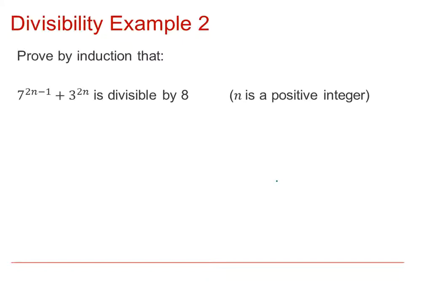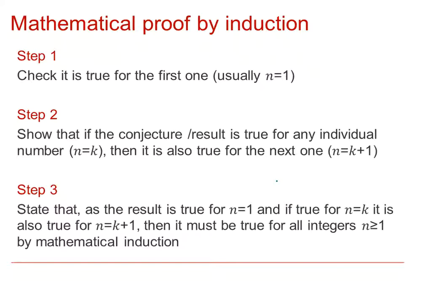Slightly more complicated problem here, where we're going to need proof by induction. So is 7 to the power 2n minus 1 plus 3 to the power 2n always divisible by 8 when n is a positive integer? So the process. Step 1, we need to check that it is true for the first value where n is 1.